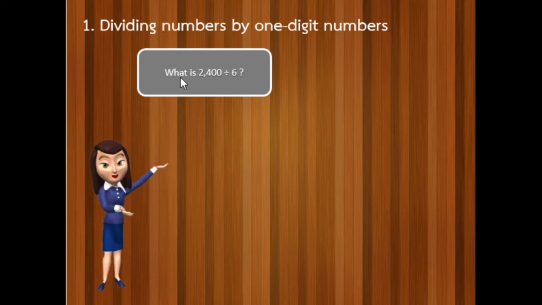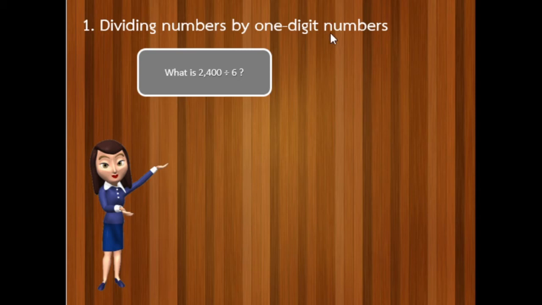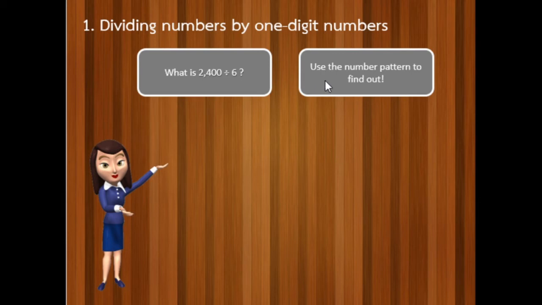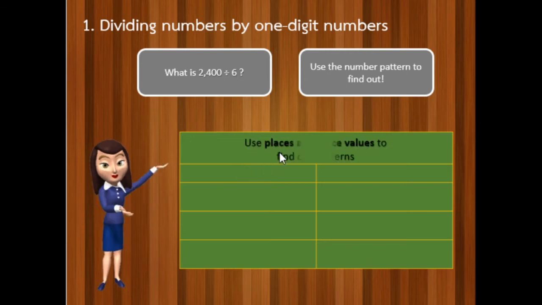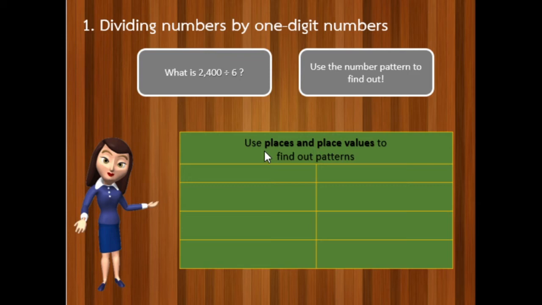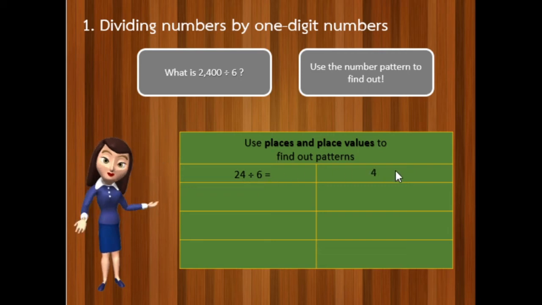Example, what is 2,400 divided by 6? The same as with our multiplication, addition, and subtraction, we can still use the number pattern to find out. So we have here the table, and again, use places and place values to find out the patterns. 24 divided by 6 equals 4.